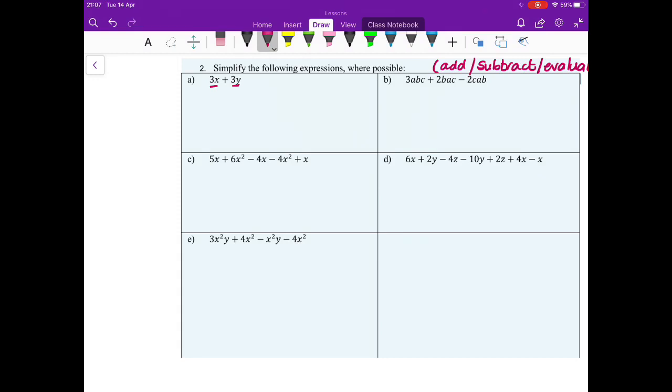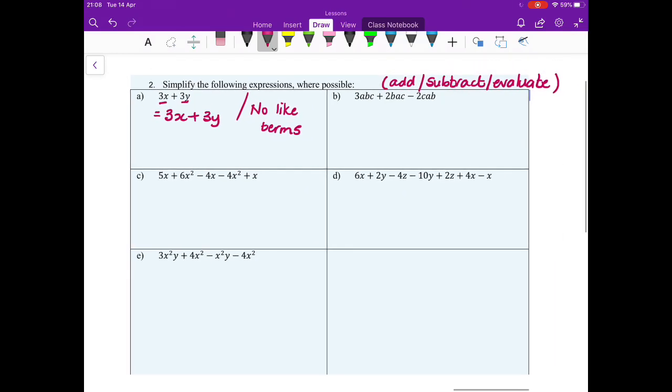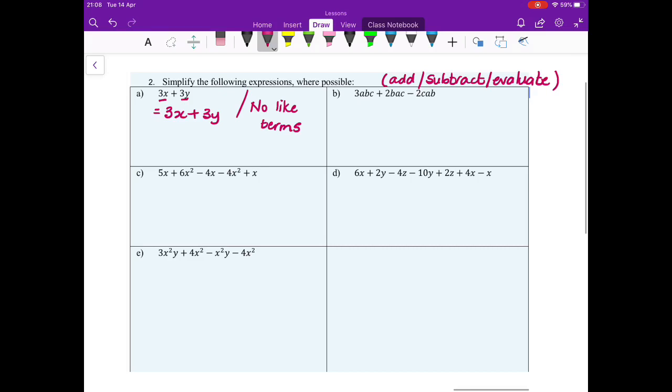They are not like terms, so you either rewrite the expression, 3x plus 3y, or you could say no like terms. If you just leave it without saying anything, then I will think that you're not quite understanding.